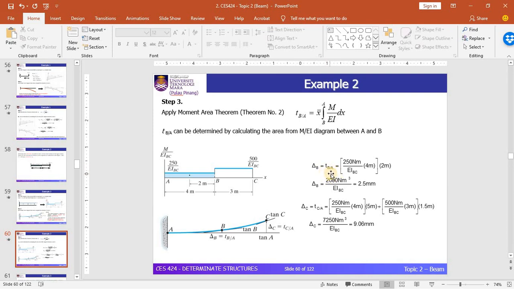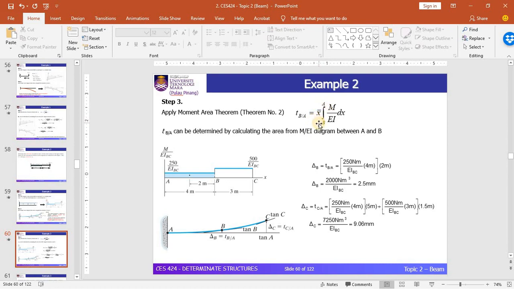TBA basically has the limit from A to B. By looking at this MEI diagram, the area covered is from A to point B. So in other words, you just need to consider this shaded area in order to get the value of TBA. One more thing, in this equation we have X bar.